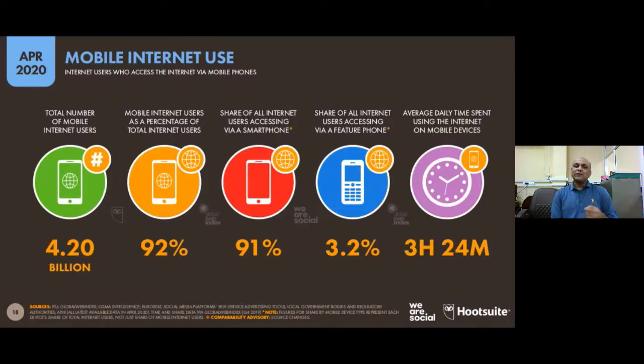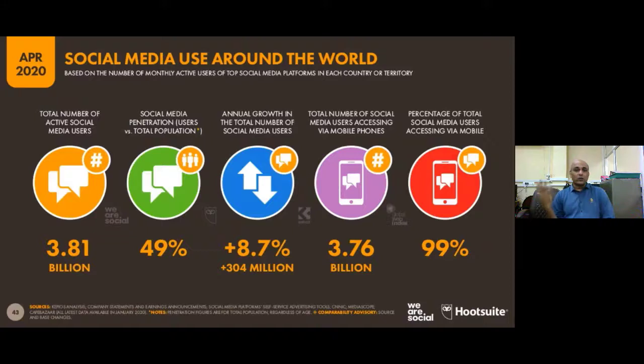The average daily time spent using the internet on mobile devices is more than 3 hours. So this tells us how the world is moving as far as the internet, ICT, that is computer technology, and the social networking websites that we're using.